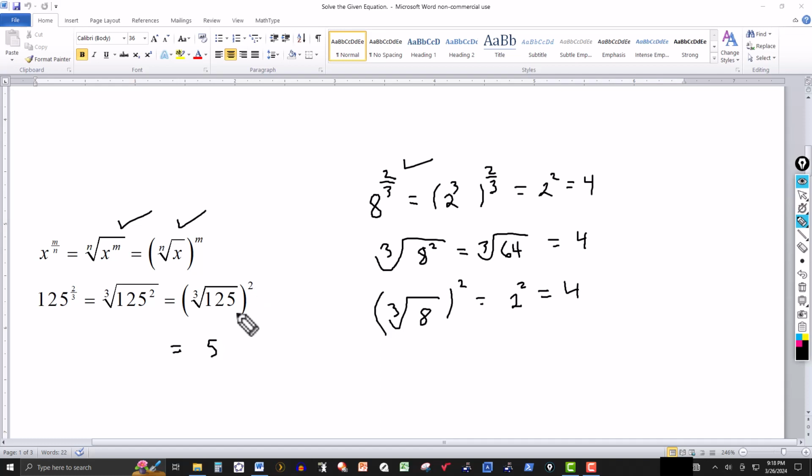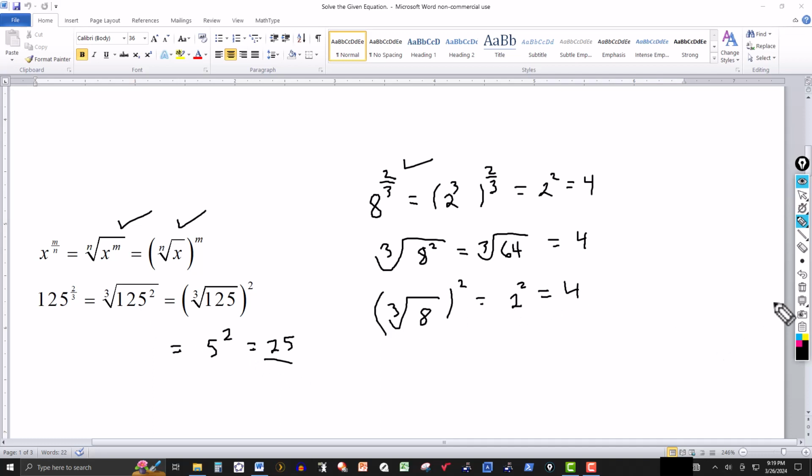And then you square it. And that gives you 25. And that's the answer. Now, you could do it this way: 125 to the 2nd power. Multiply that out, that would be 15,625. Take the cube root of that. That gives you 25.